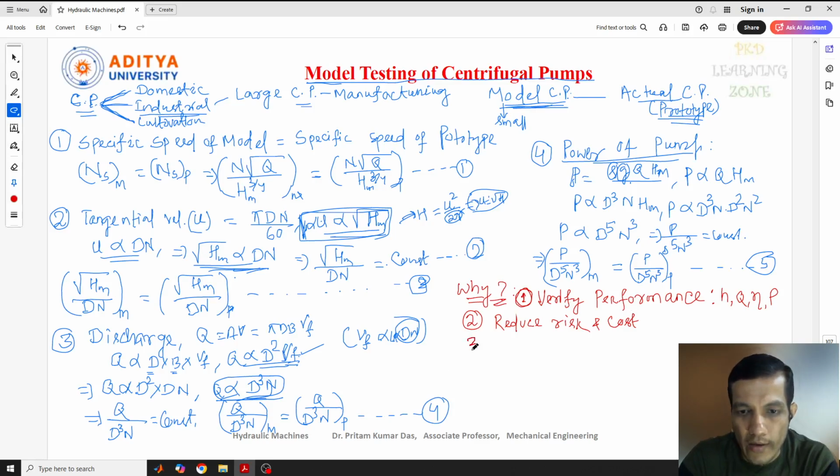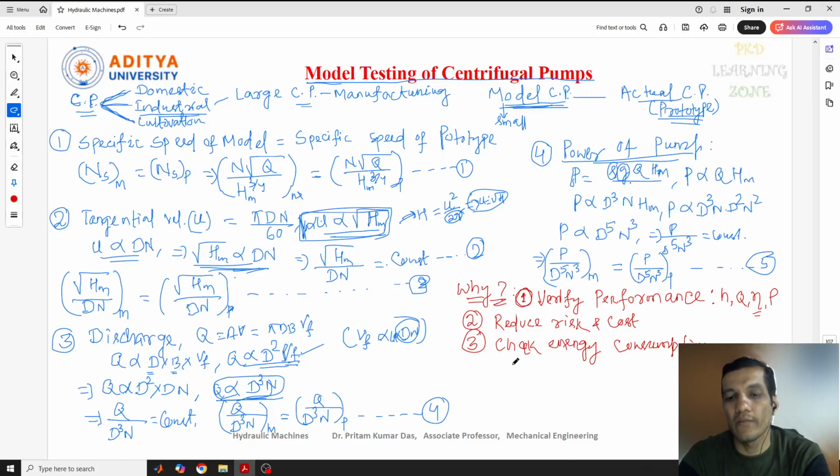The next one, as I told you already, is efficiency. By measuring the efficiency, we can check the energy consumption. By seeing this performance, we can check the energy consumption. Why am I talking about this?